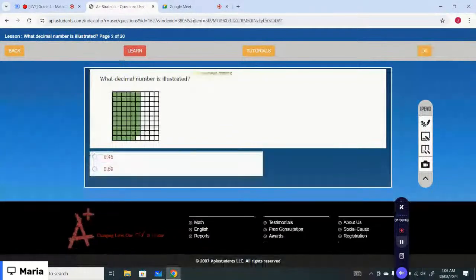Okay, what decimal number is illustrated? So which is the correct option? Can you guys please stop chatting and answer the question I'm asking? The square represents the 100 small squares and 59 of them are colored.